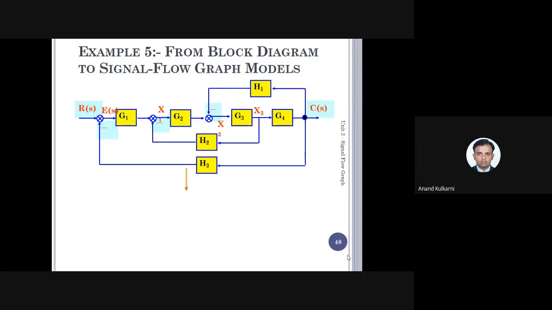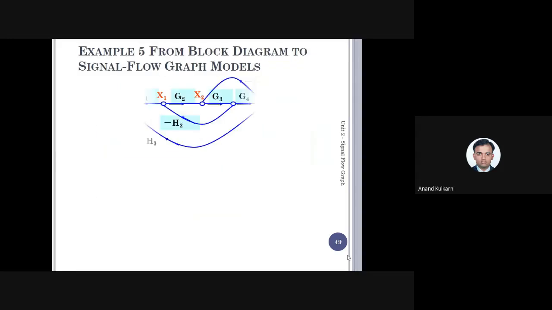A complex block diagram can be converted to a signal flow graph, and that can be solved.